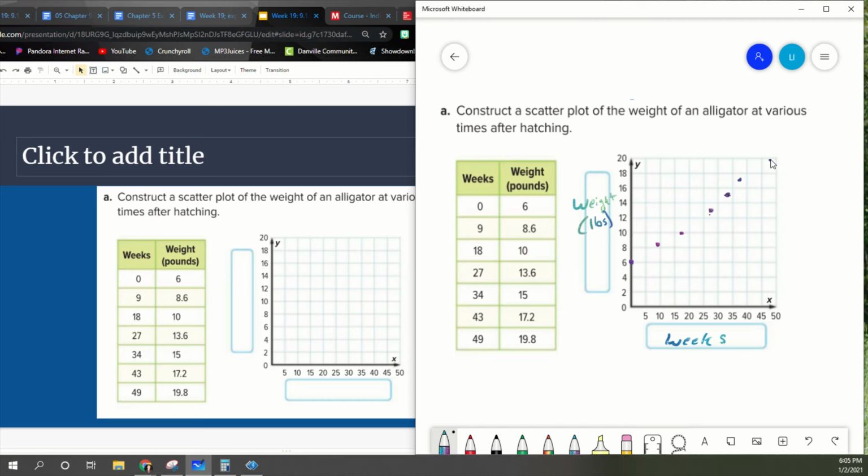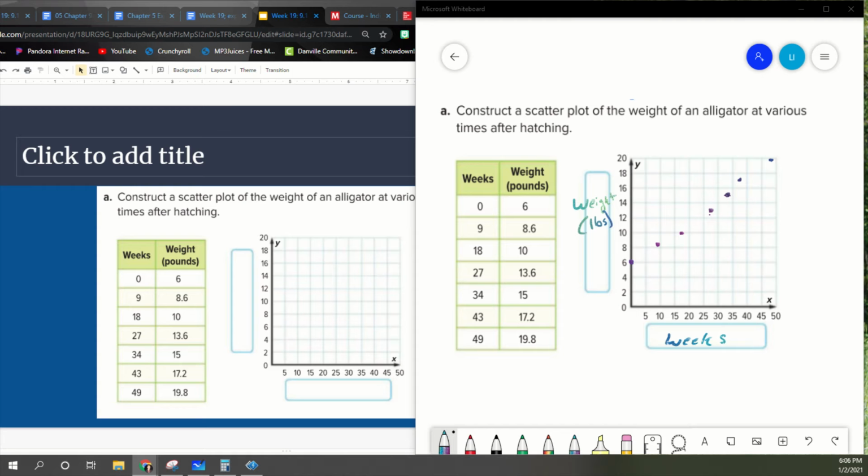So we're right there, close to the top. And we can see this trend of an alligator at various times as it's hatching. It makes sense that an alligator is going to get bigger, and it's not going to be a constant rate of change, but it's still going to go up in a relatively close to a line. And that gets us to our types of variation.